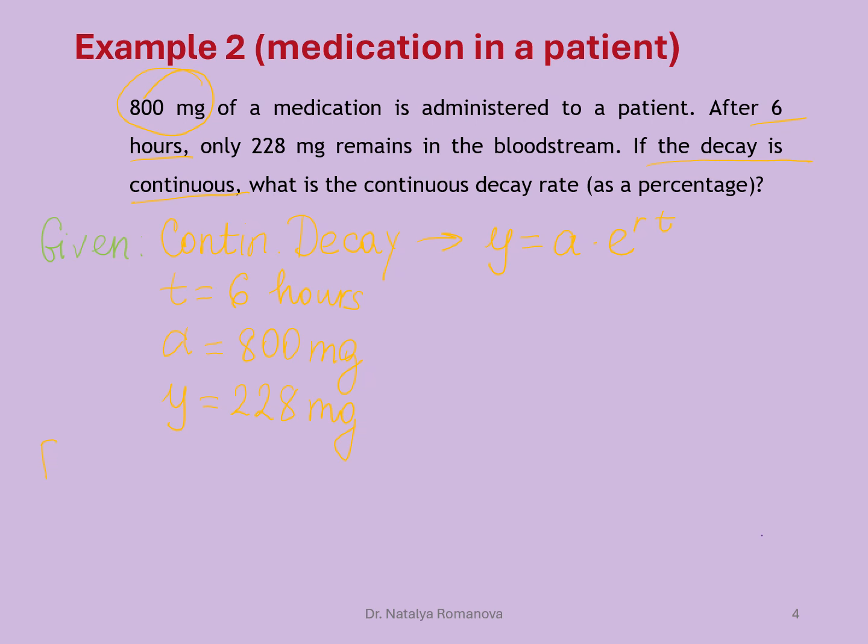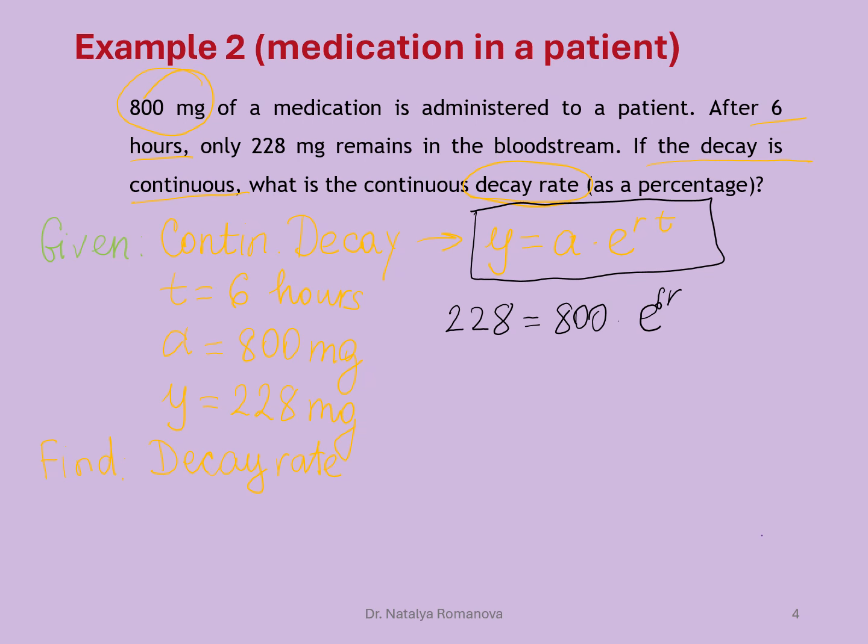We need to find the rate, the decay rate. Okay, the first step, we create the equation using the formula. Instead of y, we write 228 equals 800 times e to the power of rate times 6, so 6r.